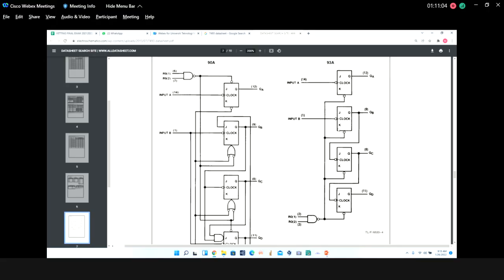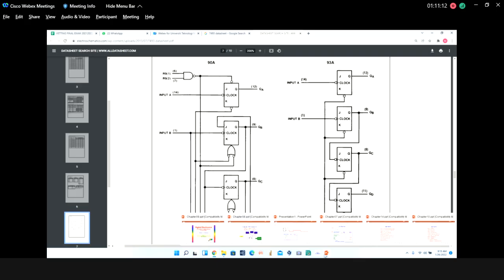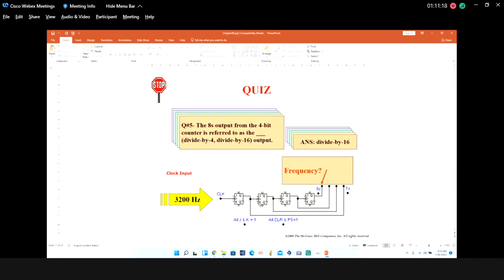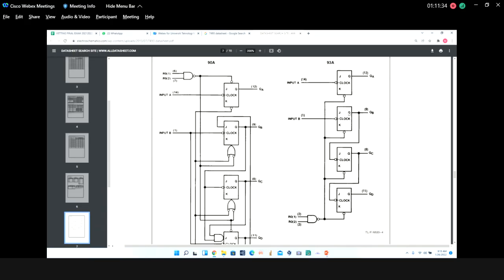So what does input B do? If you remember, input B comes from the clock of the first flip-flop, the output from the first flip-flop, so it goes to input B. If you see from this diagram, QA and the first clock are not connected, but B and C are already connected.